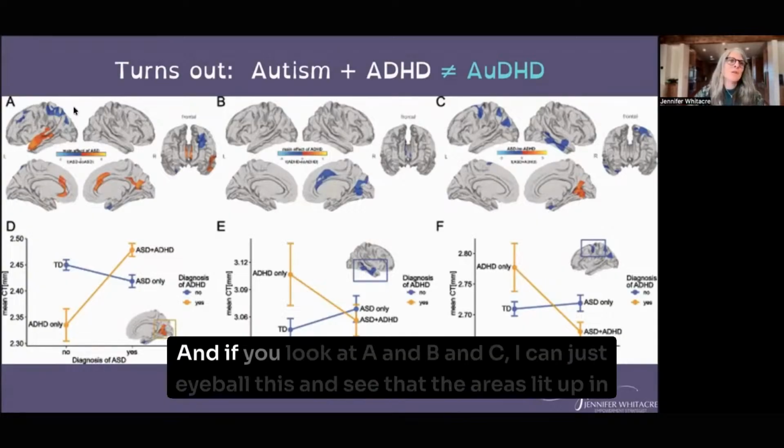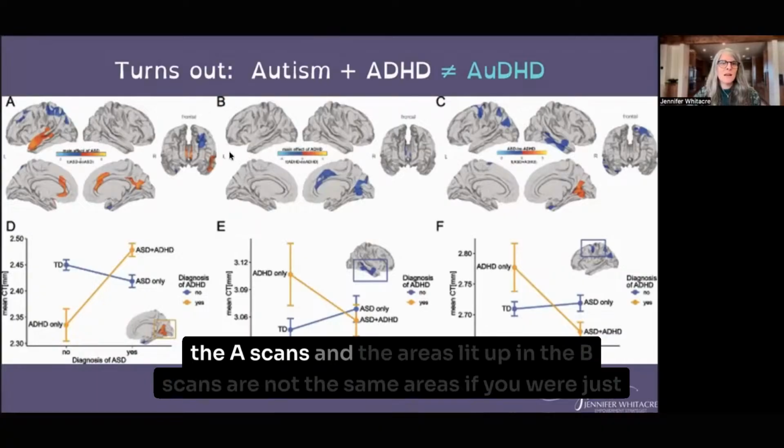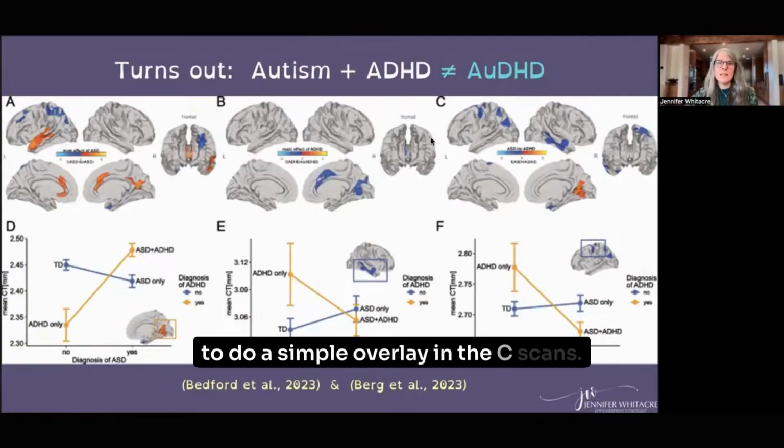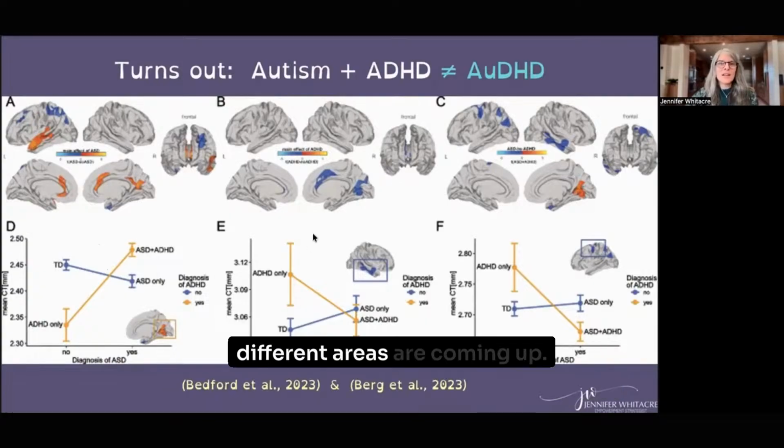And if you look at A and B and C, I can just eyeball this and see that the areas lit up in the A scans and the areas lit up in the B scans are not the same areas if you were just to do a simple overlay in the C scans. And same thing here in the charts. Again, if you look at the little scans here and look at the boxes that are highlighted, different areas are coming up.